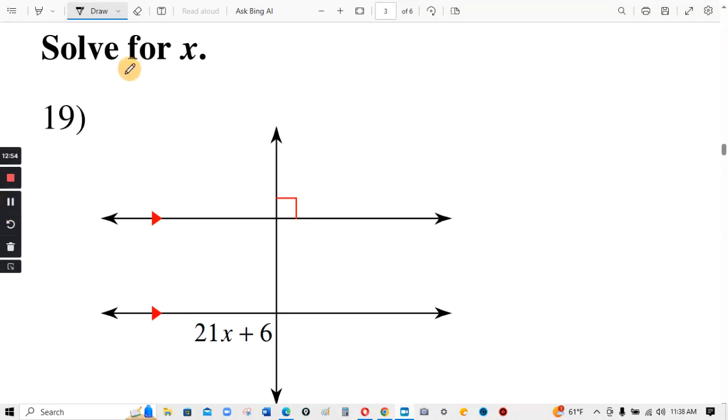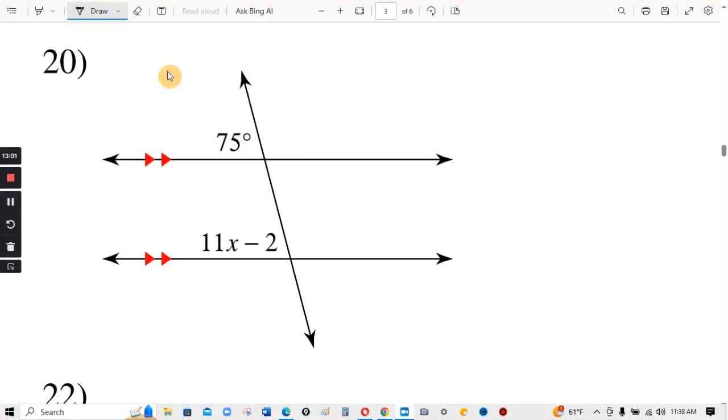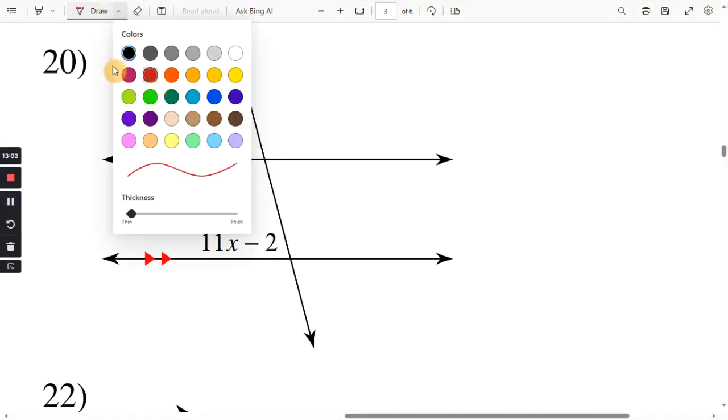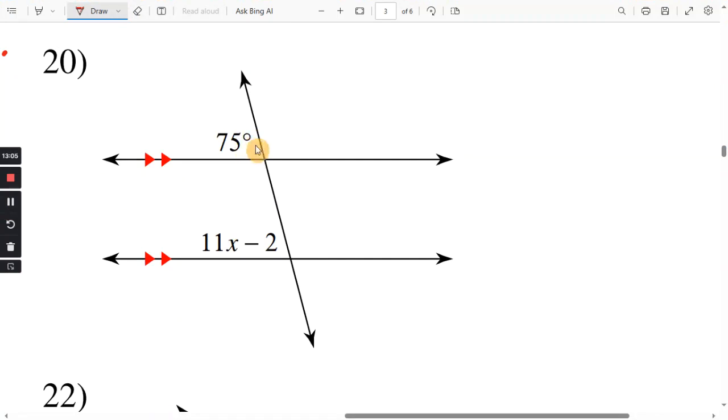In the next section, they want us to solve for x. We're going to need to do a little algebra. Let's look at number 20. We have this angle here and this angle right here, and this line here is your transversal T. Both of these angles are to the left of the transversal, so those are same side or consecutive.